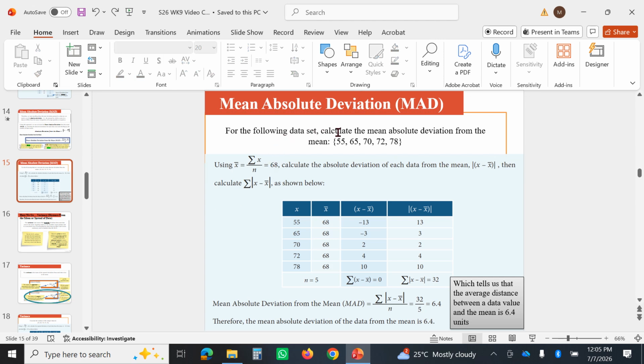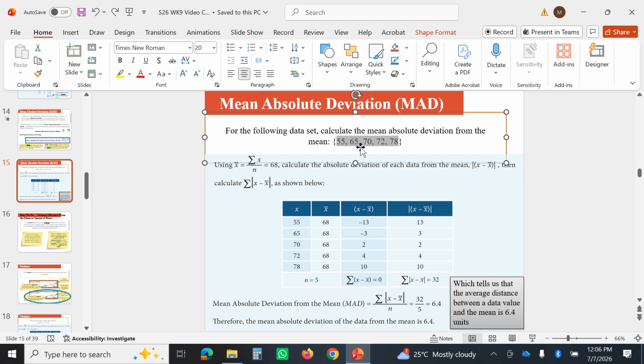So for the following data set, calculate the mean absolute deviation from the mean, okay? So here I got 55, 65, 70, 72, and 78. So calculate the mean, and we found there you add them all up, divide by 5, okay? You get a mean of 68.